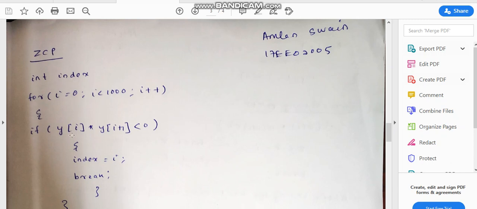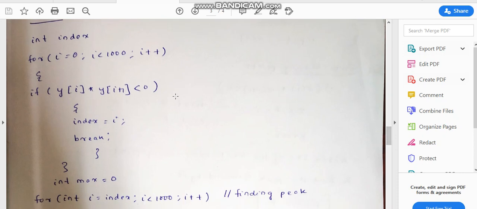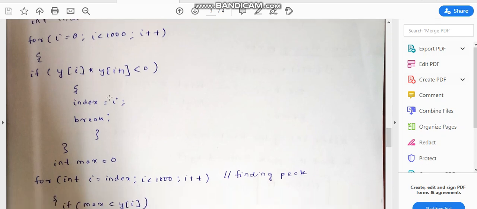Then we take an if statement: if y of i into y of i plus 1 is less than 0, that means it crosses from positive to negative, then the multiplication will be negative, or it crosses from negative to positive, the multiplication will also be negative. So the value will be the index i where it crosses the 0. Then we break the loop.